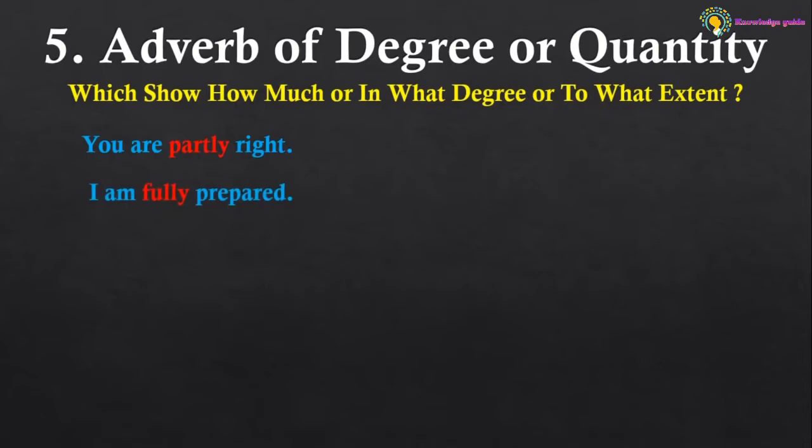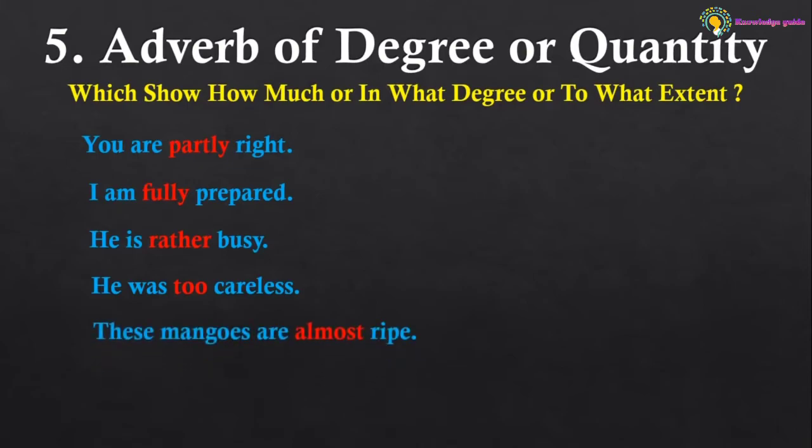Next we have, I am fully prepared. Here also the word fully is showing us some extent of degree. He is rather busy. So here rather is showing some kind of extent of degree. He was too careless. Here also too is showing some extent of degree, that is, to what extent careless he was.